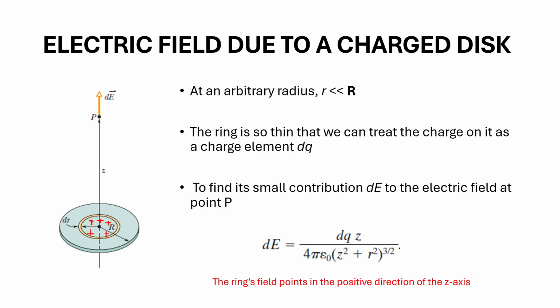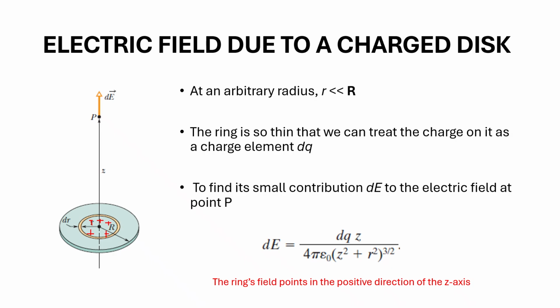To find its small contribution dE to the electric field at this point P, the differential electric field dE equals Z dQ over 4 pi epsilon naught, Z squared plus R squared to the power of 3 over 2. This is like the equation for the line charge.